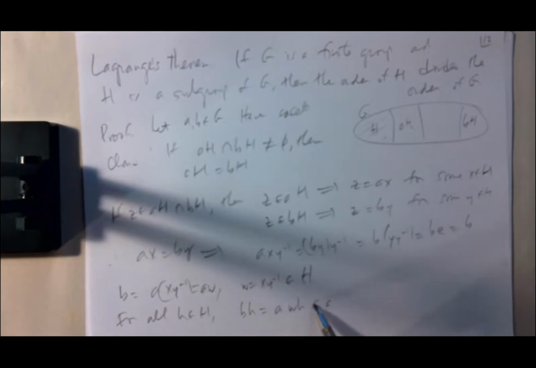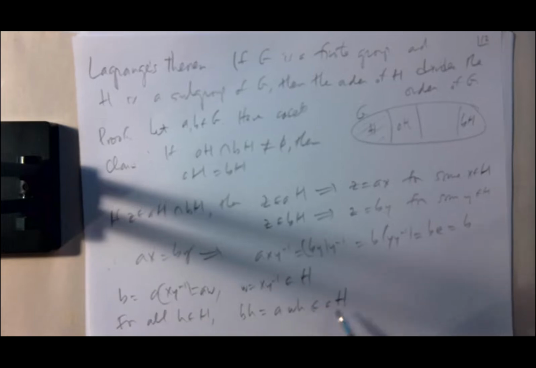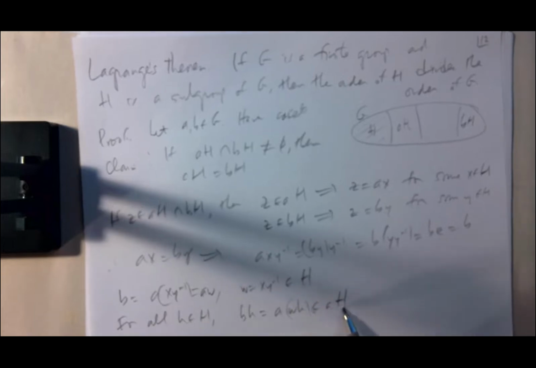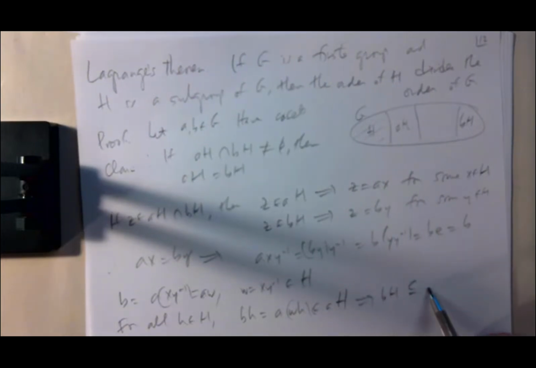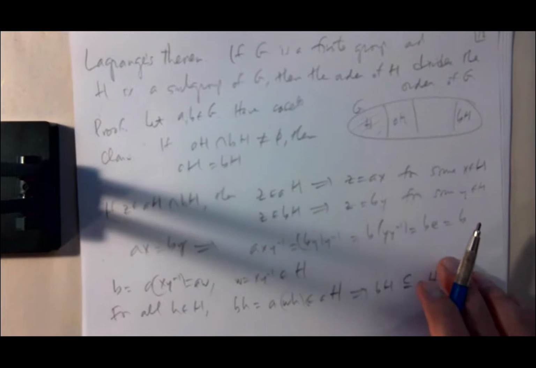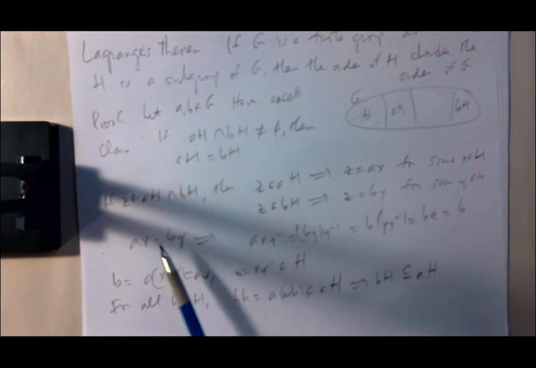So for all H in H, B times H is AW times H. This is an element in the coset AH. And that's true for every element H in the subgroup capital H. So BH is a subset of AH. So if these two cosets intersect, BH is contained in AH, and there's a symmetric argument.